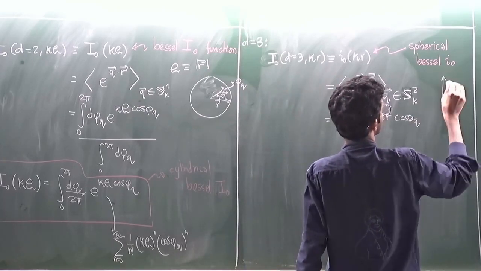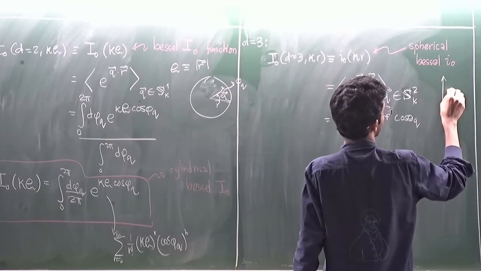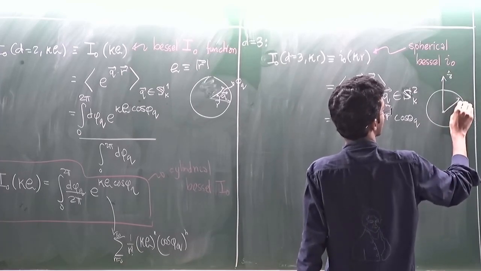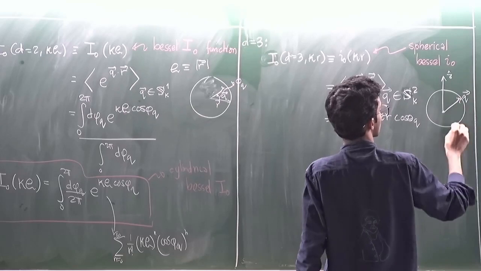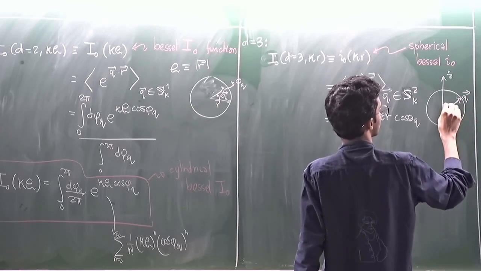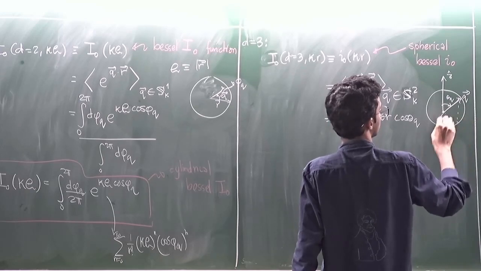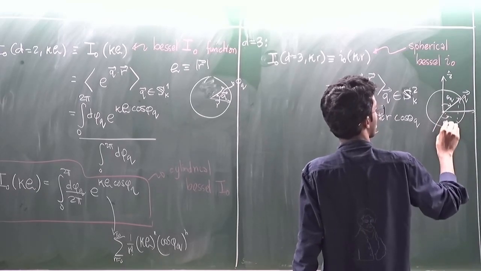Right, so the situation I'm thinking about is something like this. That's the z hat axis. Q vector is somewhere here. This is some kappa dimension sphere, and its polar angle is theta q, and its azimuthal angle is phi.